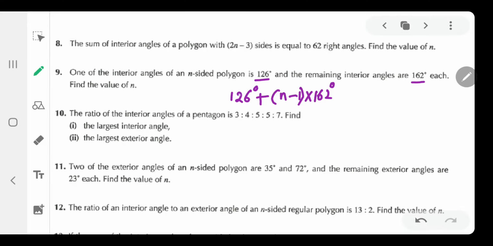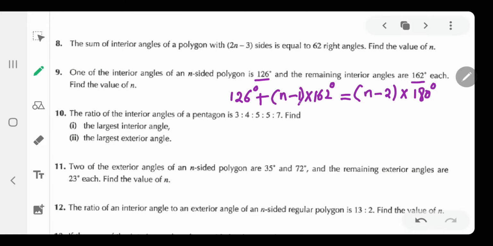Now because these are all interior angles, what is the formula to calculate the sum of interior angles of a polygon? The formula is n minus 2 multiplied by 180 degrees.